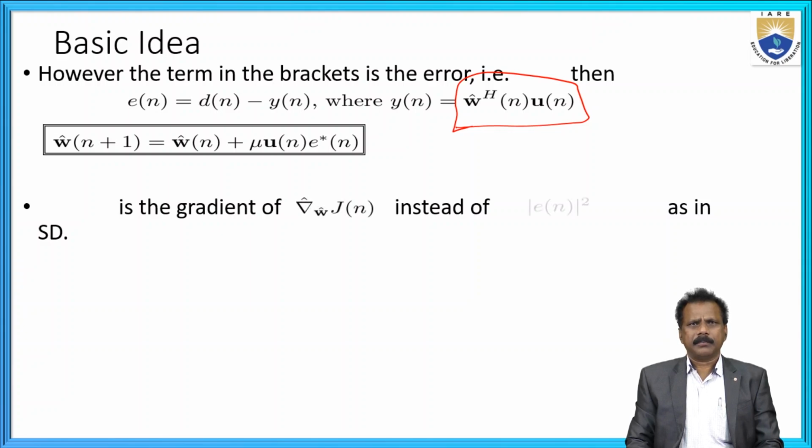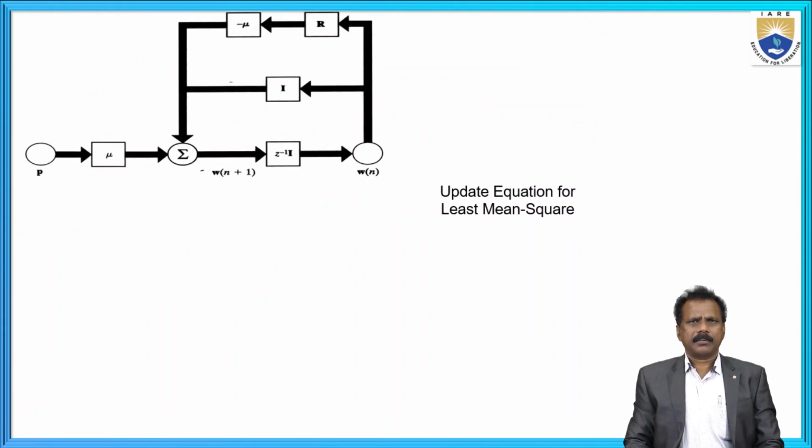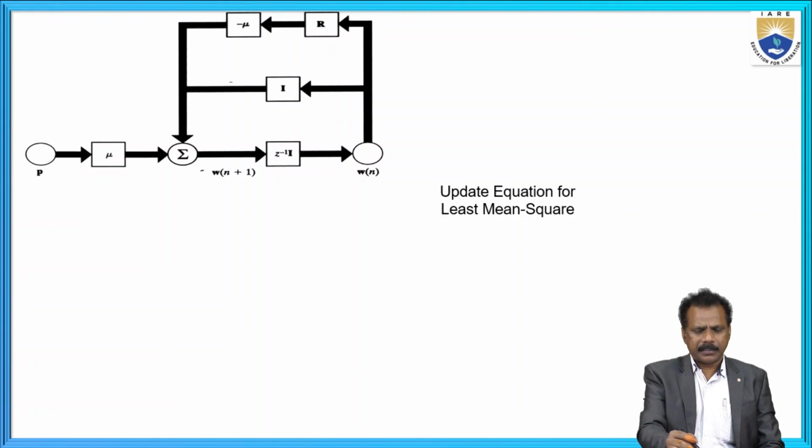So with this gradient, instead of this e of n square, like this, we are ready to assign where p is given to the mu is the summation here with minus mu, and it is minus w of n plus 1 given to here, and we have to verify that w of n.